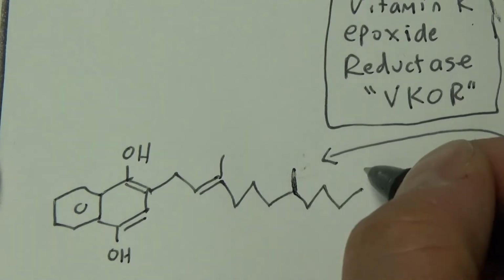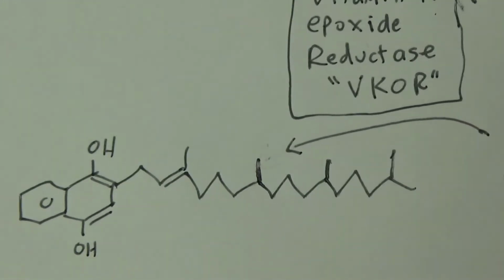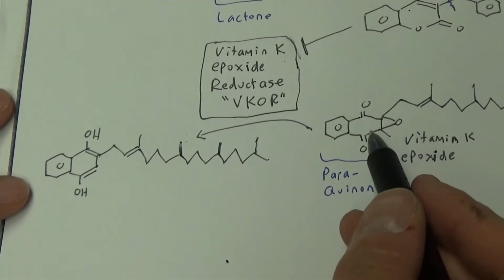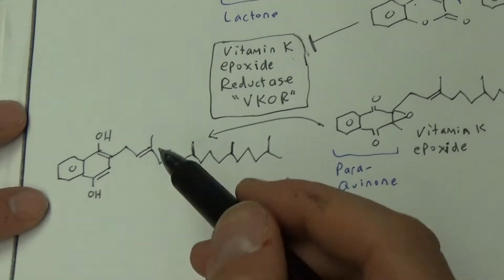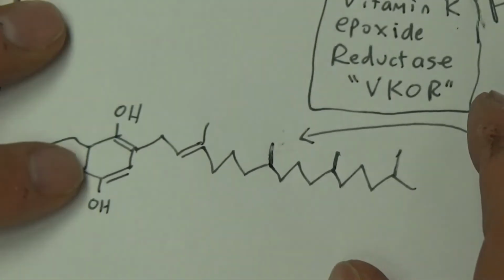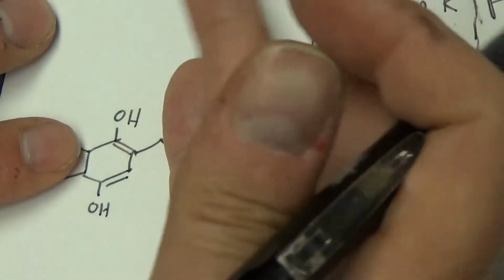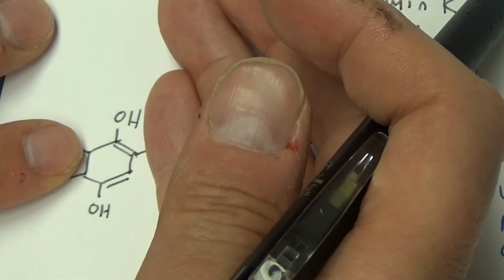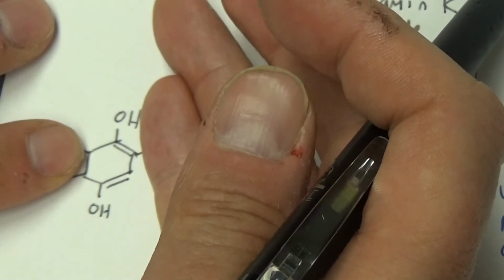The big thing is the epoxide goes away, and now we have this thing, and this is not a paraquinone anymore. Anybody know what that is called? Assuming we have a double bond there, which we do because of the benzene, that's not a paraquinone. It's called a parahydroquinone.